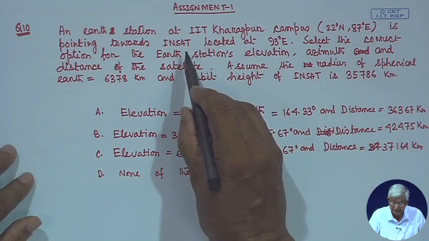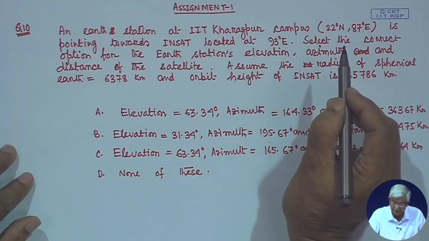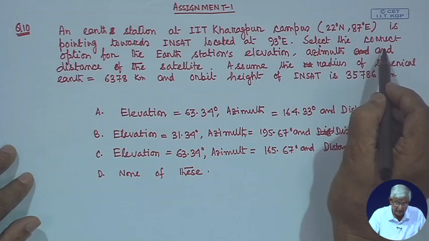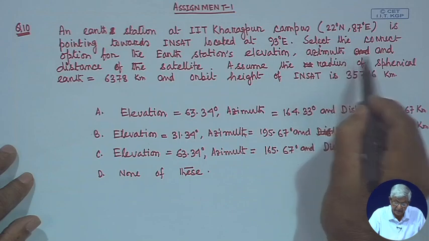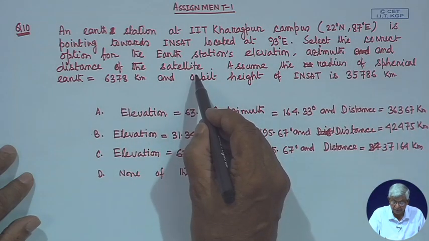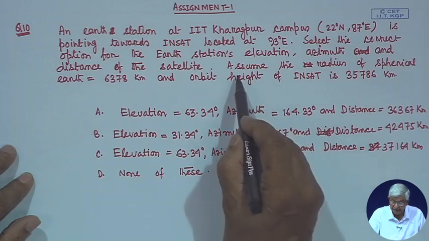So, it is a geostationary satellite, its only longitude is given, latitude is 0. Select the correct option for the earth station's elevation, azimuth and distance of the satellite from the earth station.